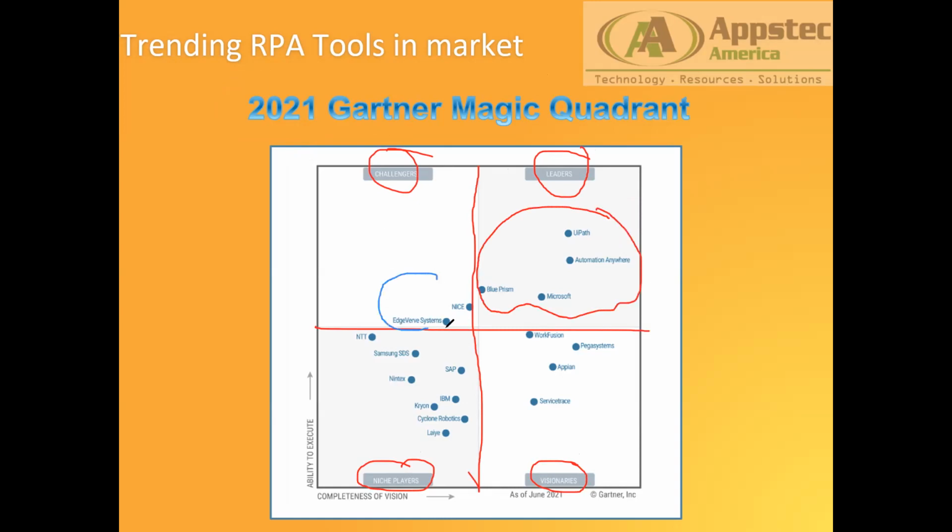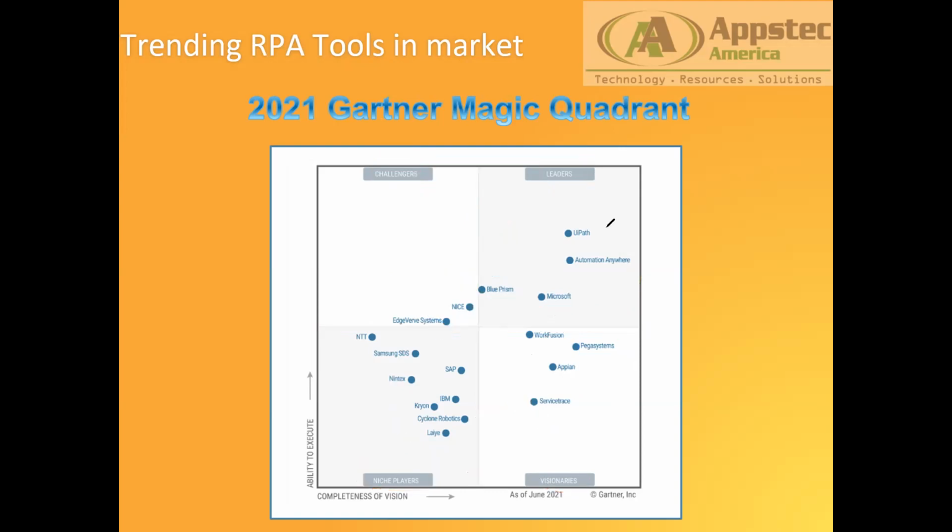These companies are challenging them and trying to come into this market. Niche players, these companies are developing and evolving with the RPA evolution. And these companies are willing to excel and move to the leadership quadrant in future.